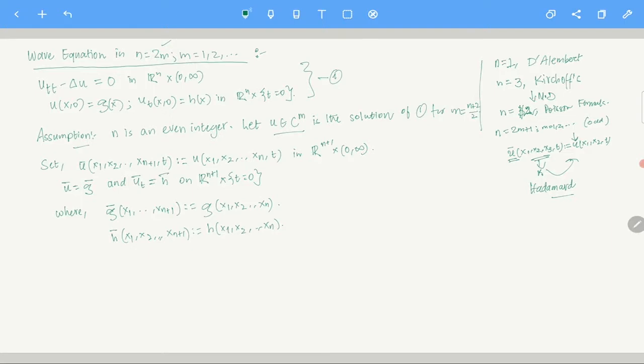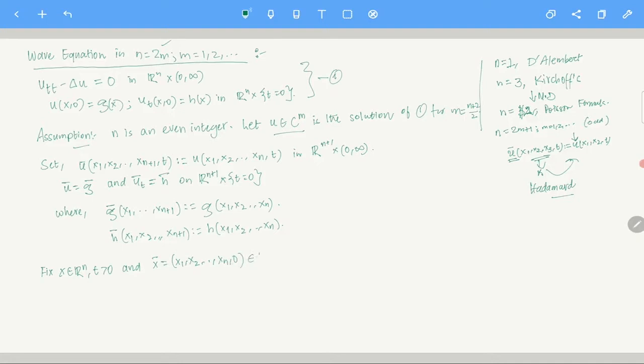So as n is odd, we have the formula, you remember, which we derived in the last video. So now we are going to use that same formula. So we fix an x in R^n, t greater than 0, and we write x bar to be (x1, x2, ..., xn, 0).